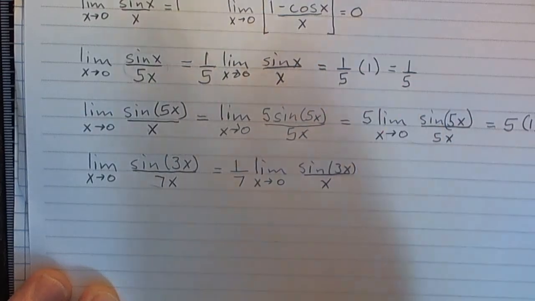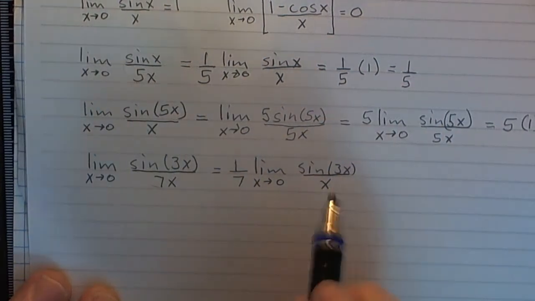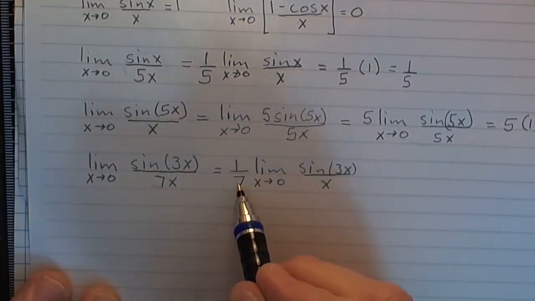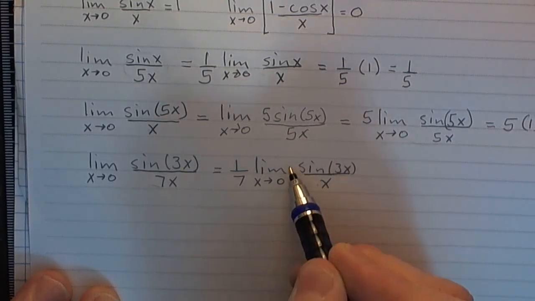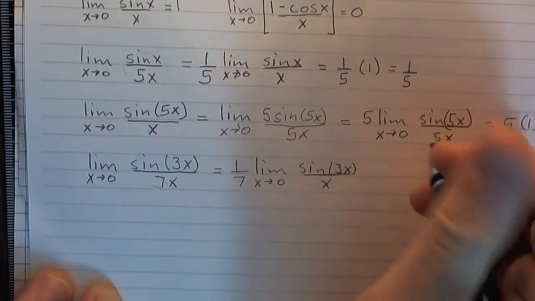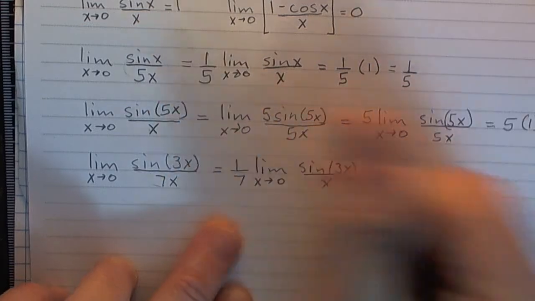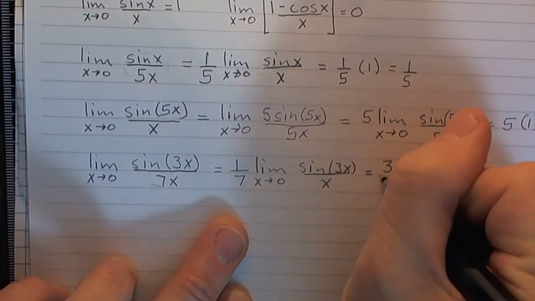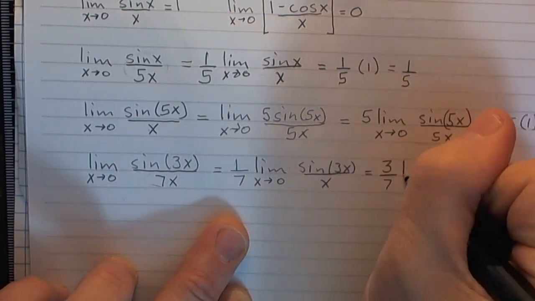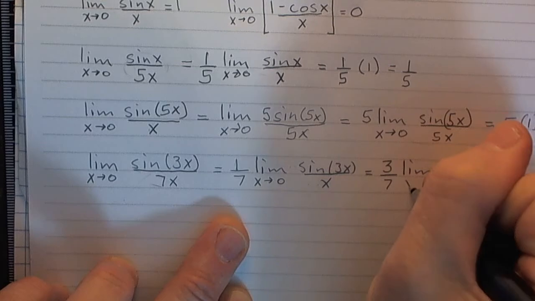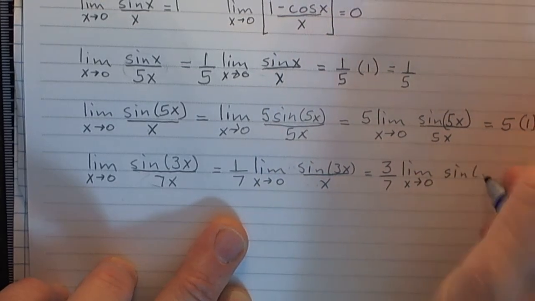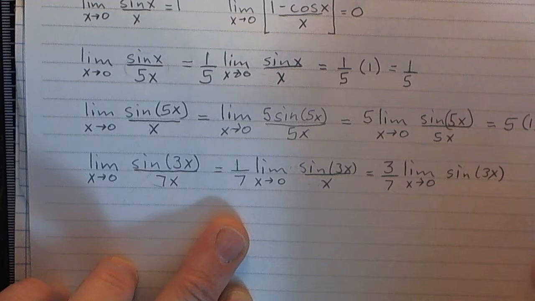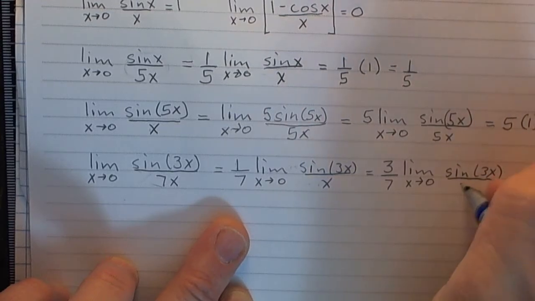Okay? Now, here's what else I want. I've got the 1/7 out there. That's good. Now, I want a 3x here, so I'm just going to multiply the top and the bottom by 3. Okay, so I'll go ahead and put the 3 on the outside here. And now I've got sine 3x over 3x.